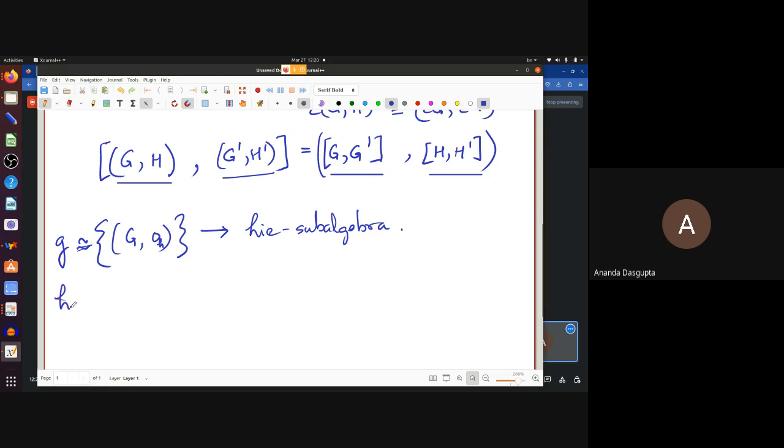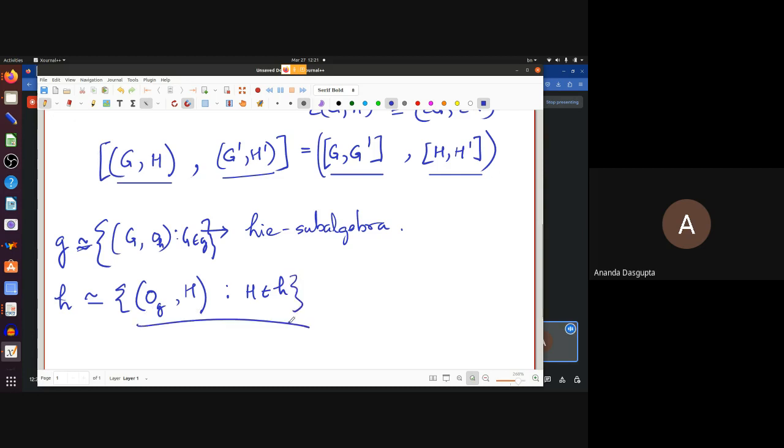And small h is going to be isomorphic to this other obvious subalgebra you have, which is 0 of small g paired with elements of small h. So this is, of course, if I want to write it in full, this is (G, 0h) with capital G belonging to small g. Similarly, this is (0g, H) with capital H belonging to small h.